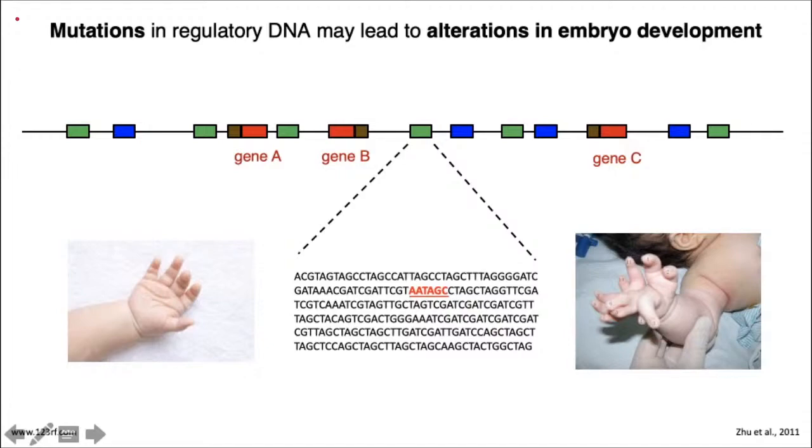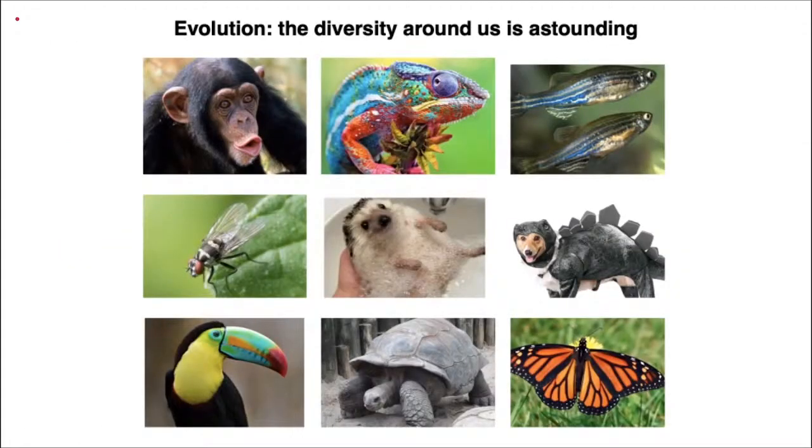Mutations in general can cause disease when we consider them in one or a few generations. But the same mutations will be important across thousands to millions of years to generate the diversity of organisms that we see during evolution. All the types of body shapes, sizes, and colors are really a result of how the DNA has been changing between species across millions of years.